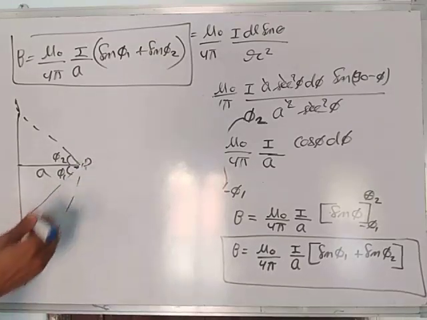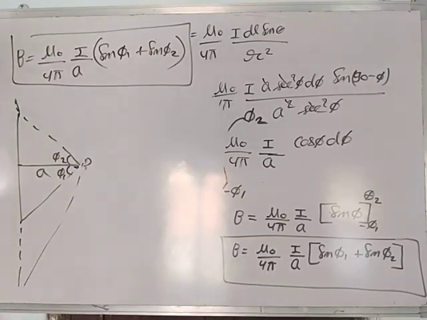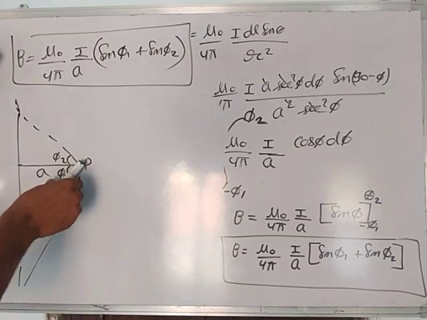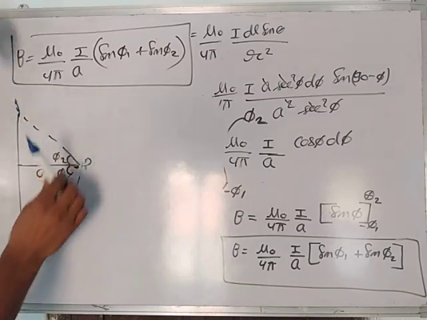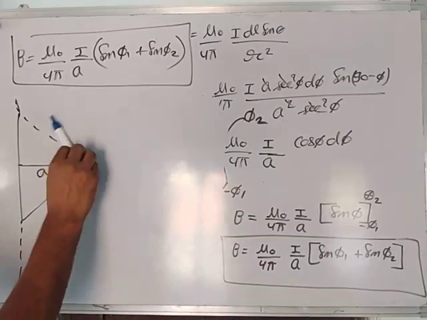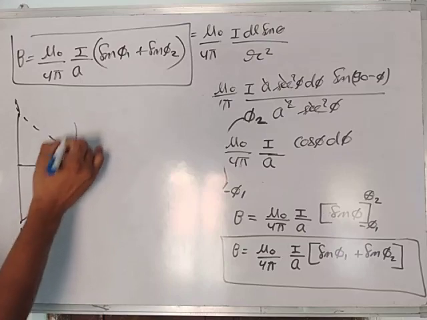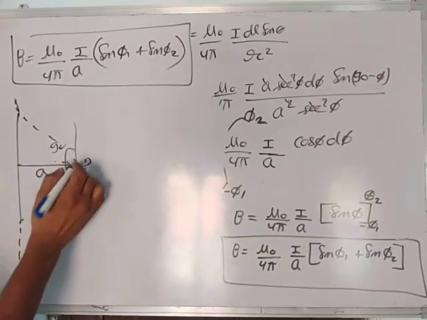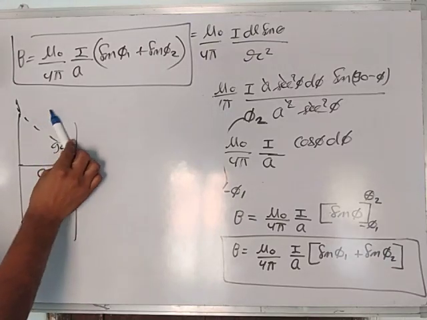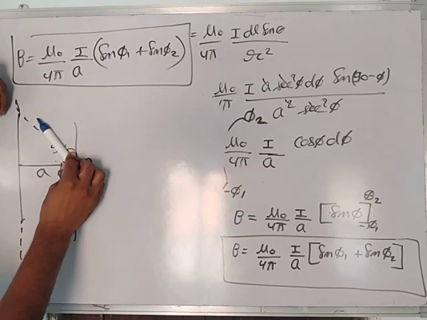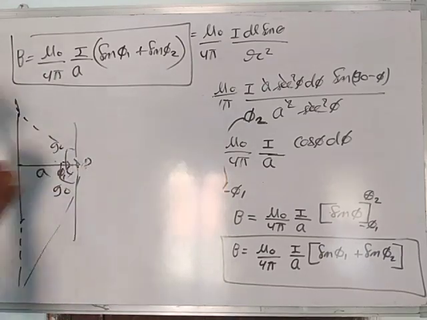As we increase the length in both directions, upward and downward, the angles φ₁ and φ₂ both increase. For infinite length, φ₂ will become 90 degrees and φ₁ will also become 90 degrees.